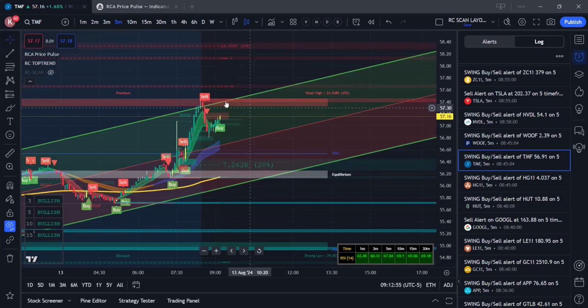So we can go ahead and buy the calls for TMF. 57 call around 1.28. TMF 57 call for August 16th.